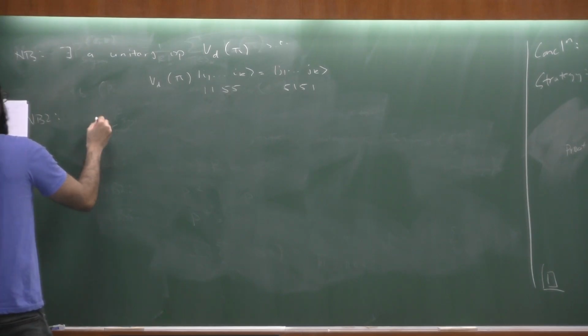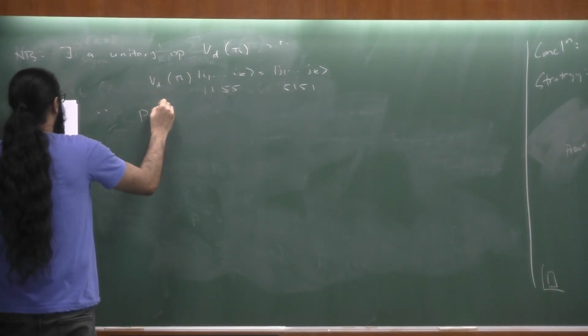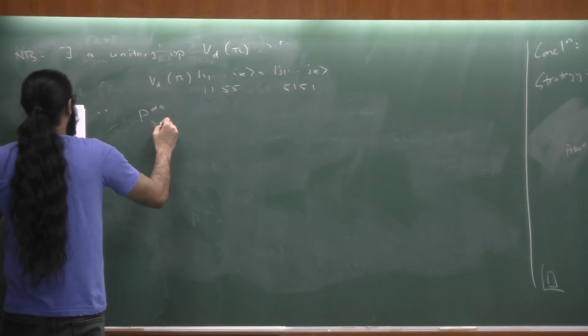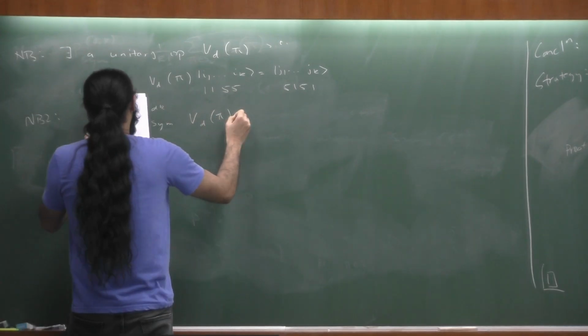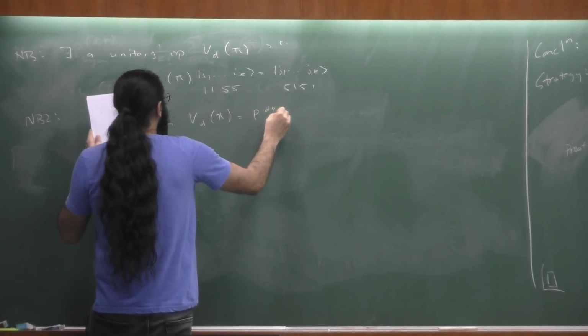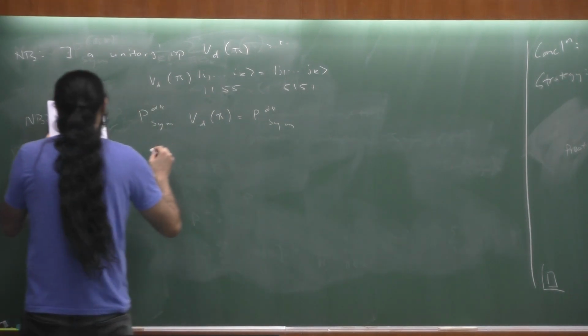Okay. The second note is that because P_d^k symmetric, which I'll probably stop writing in between, V_d^π equals P_d^k symmetric, right? This we just saw.